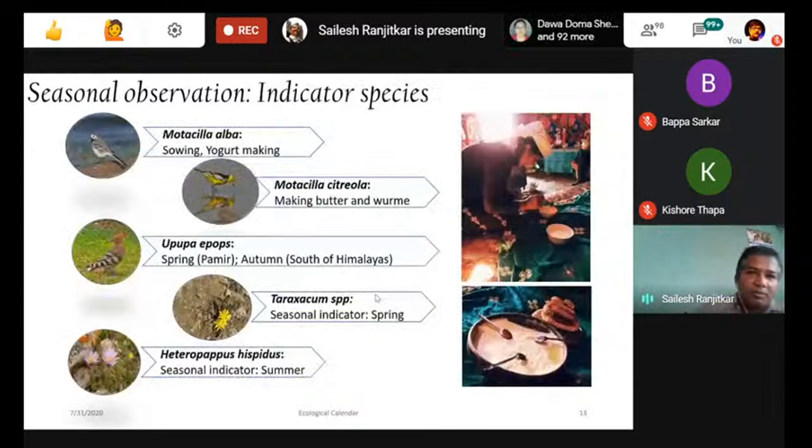So, seasonal observation: we found several indicator species during our study from different parts, like wagtails consistently throughout the Himalayan region and the Barma region.